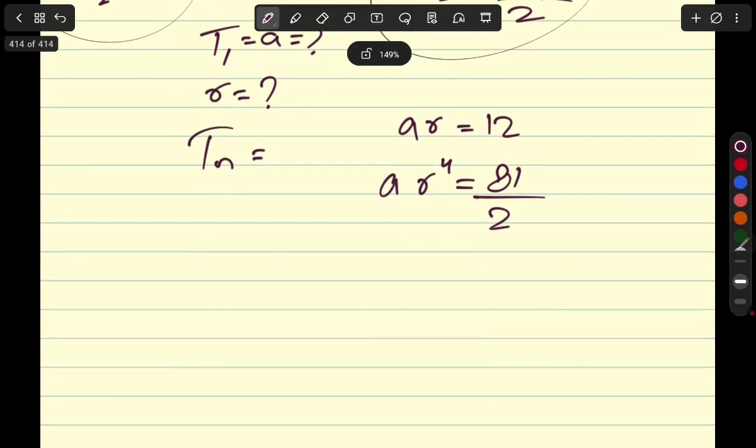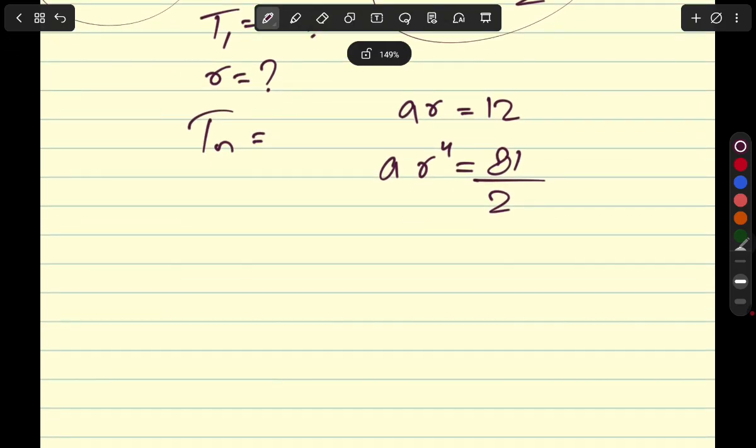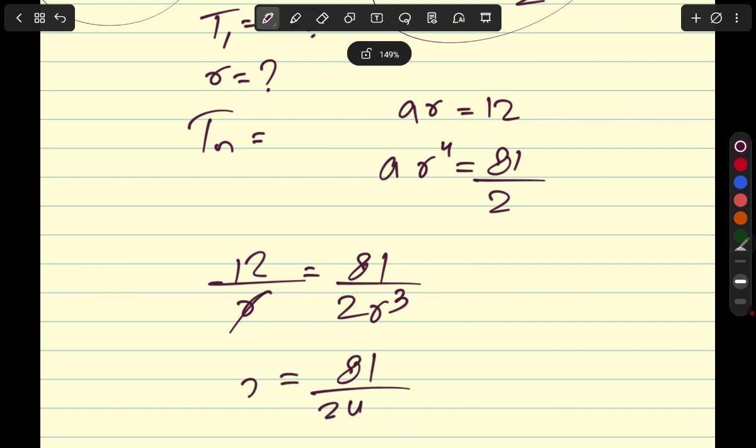So I can compare the a's, which is going to be 12 upon r is equal to 81 upon 2 times r to the power 4. So 1 r cancels 1 r here. I'm left with 3 r's here and the 2 goes there, basically bring the 2 down here. So 81 upon 24 is equal to r cube.